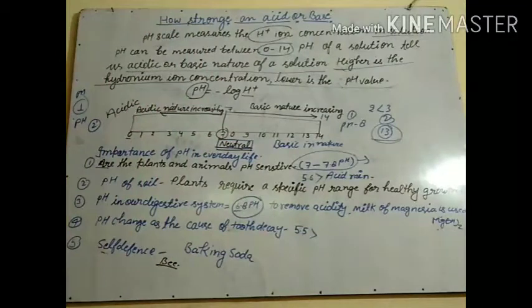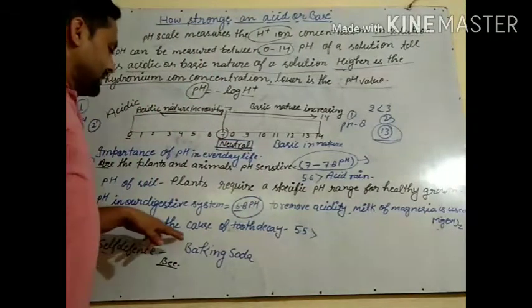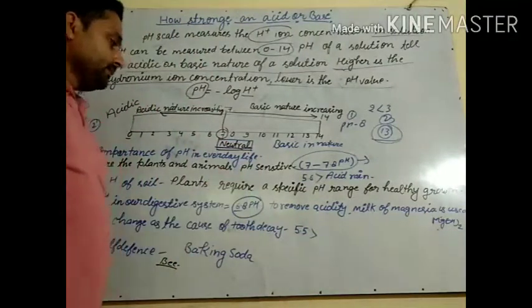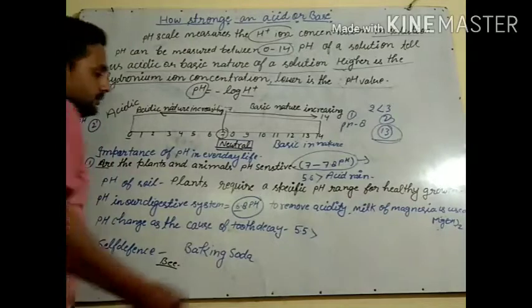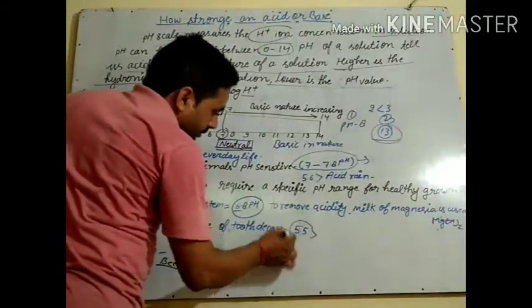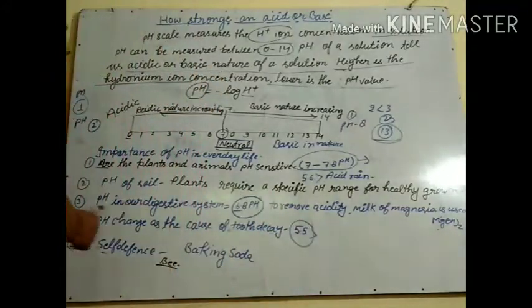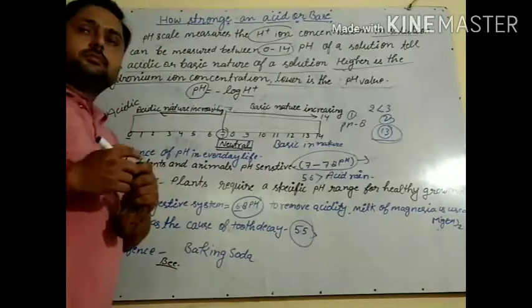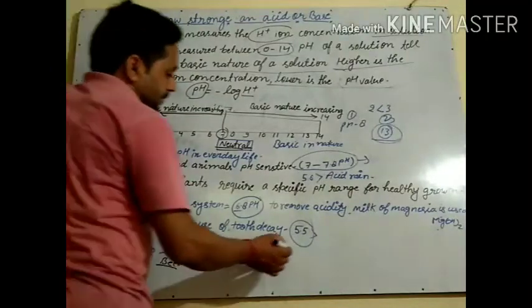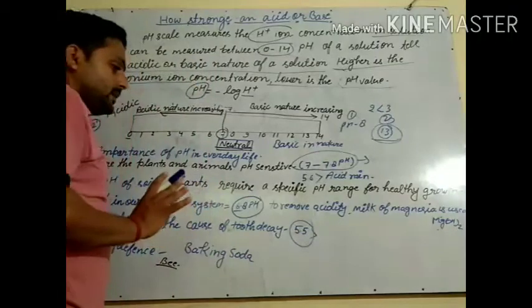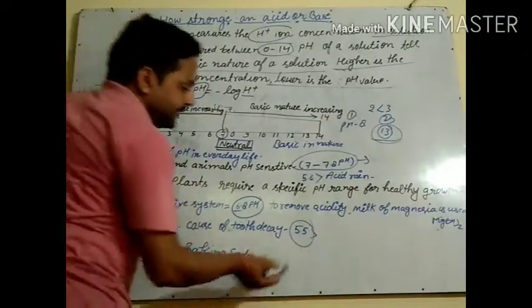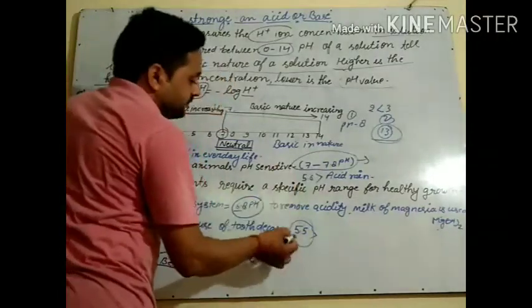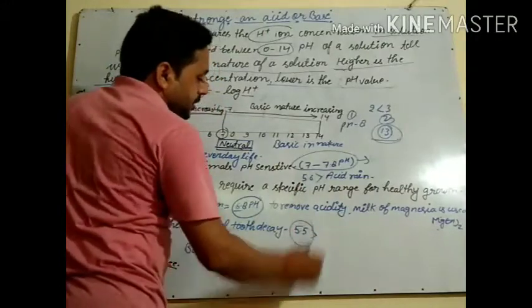Next is pH change as the cause of tooth decay. If our mouth pH is 5.5, that is good for our teeth. If the pH of our mouth is lower than 5.5, that causes tooth decay.